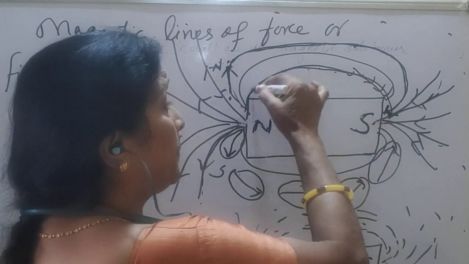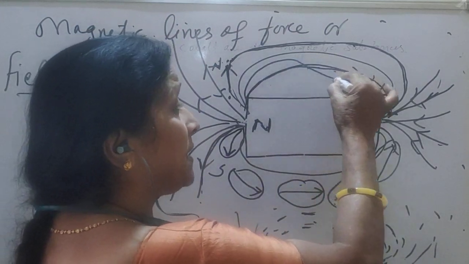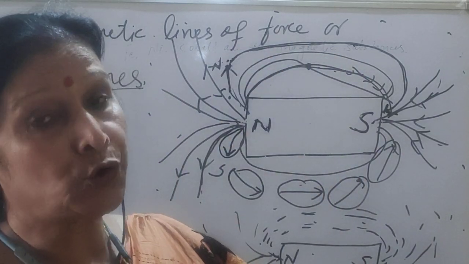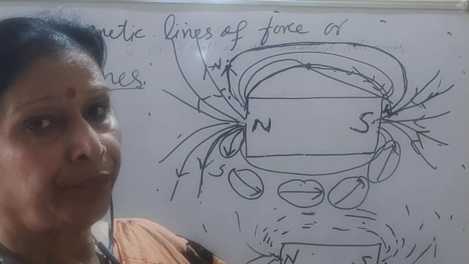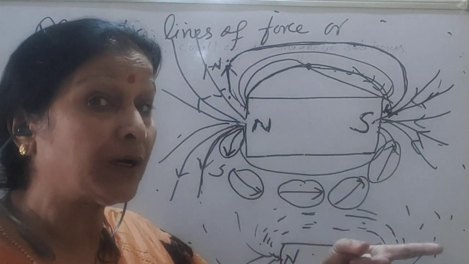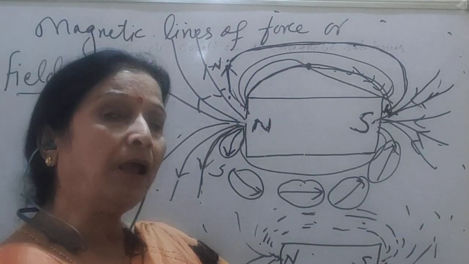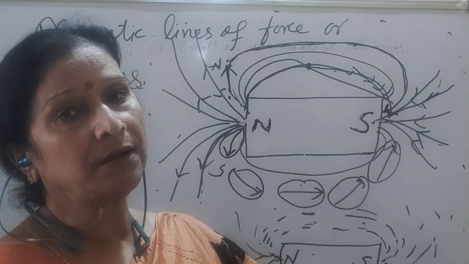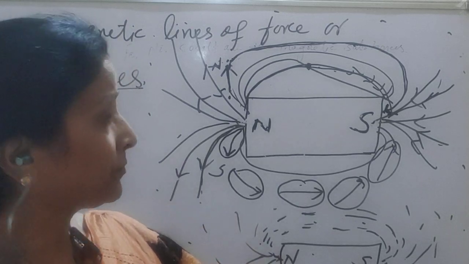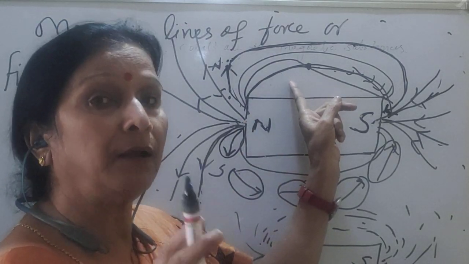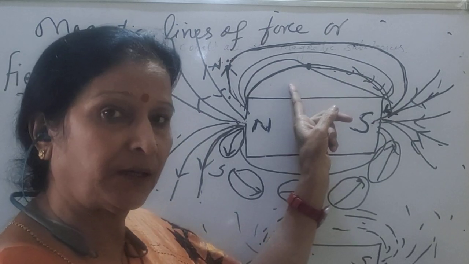So if two field lines intersect each other, it means at this point the magnetic needle has two directions. That is not possible. So magnetic lines of force never intersect each other.